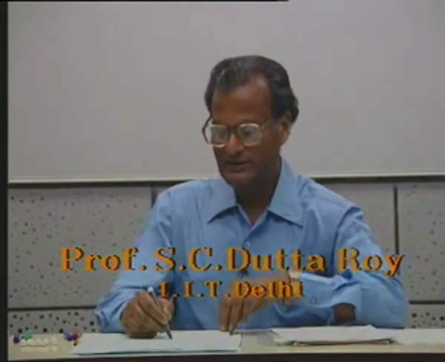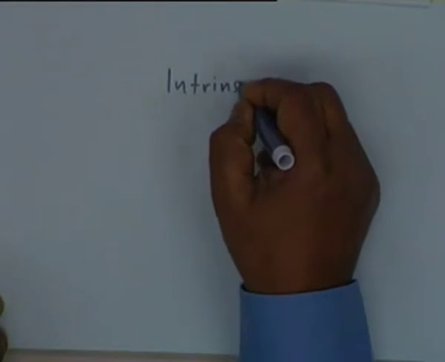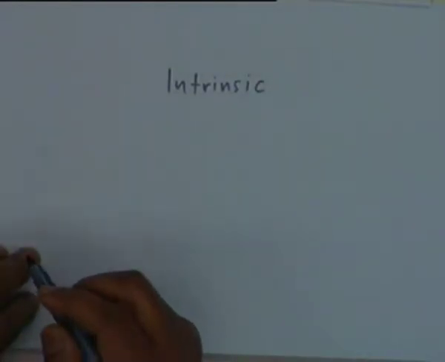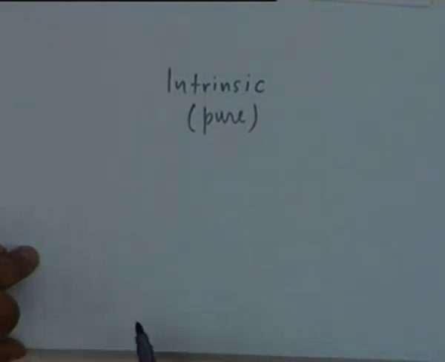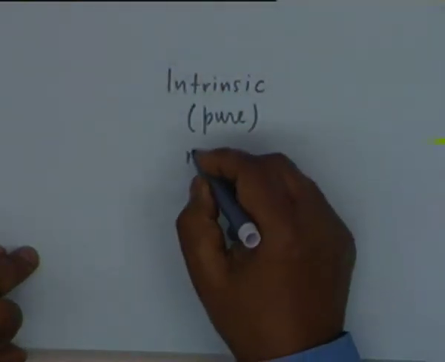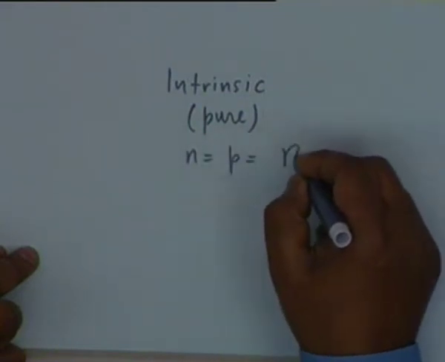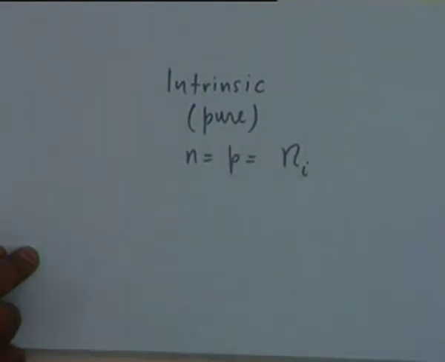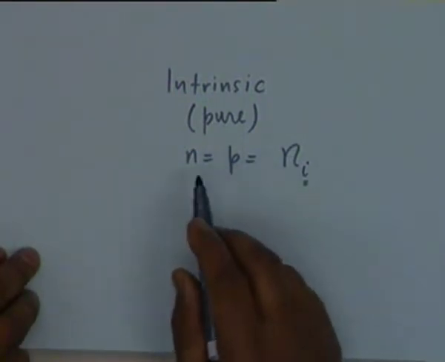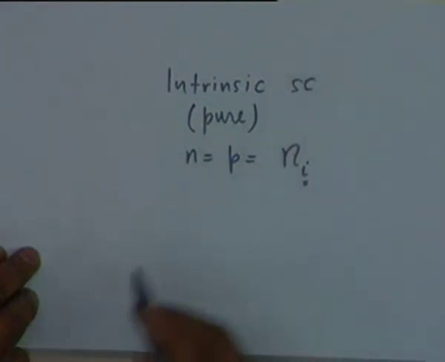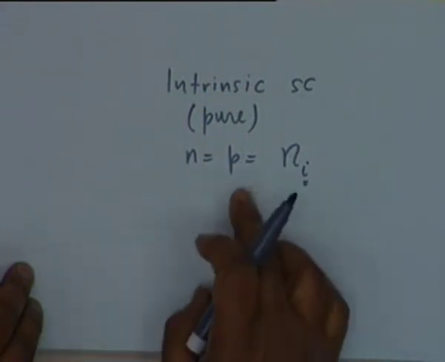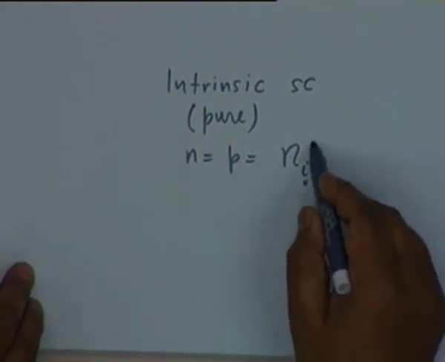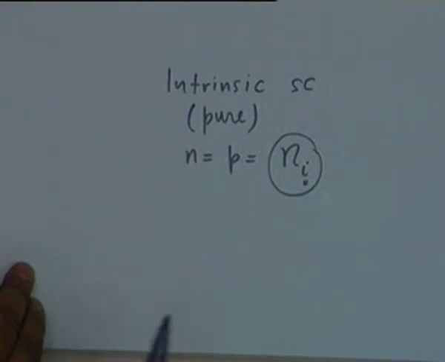But you understand that in a pure semiconductor, which is also called intrinsic, and the meaning of the word intrinsic shall be clear a little later, N is equal to P is equal to Ni. This I stands for intrinsic. In an intrinsic semiconductor, germanium or silicon, the electron concentration is the same as the hole concentration, and this is usually denoted by Ni.